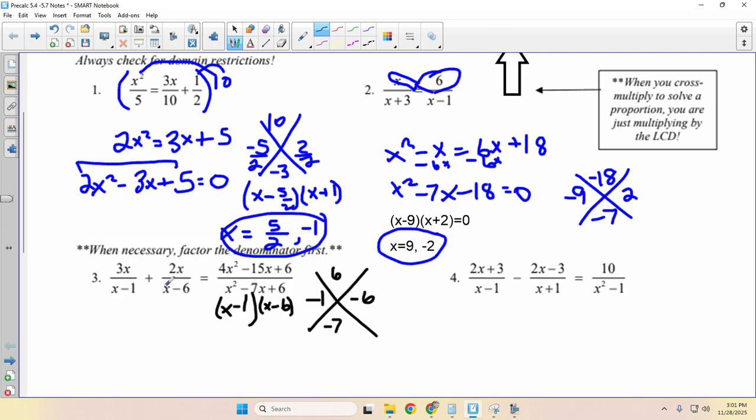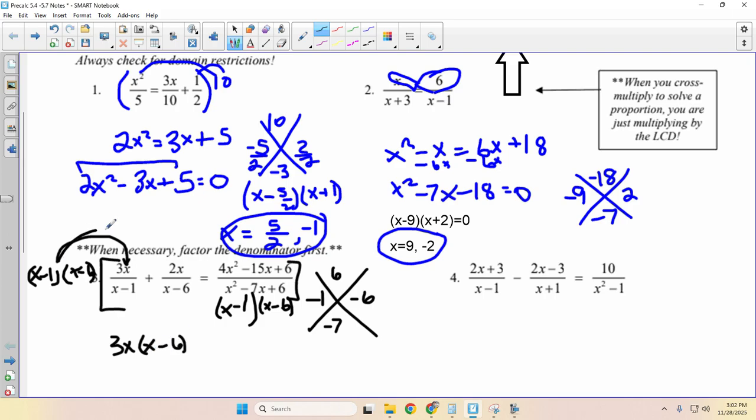We have an x minus 1 and an x minus 6 here, so if I multiply everything by x minus 1 and x minus 6, then for the 3x over x minus 1, the x minus 1's cancel and I have 3x times x minus 6.